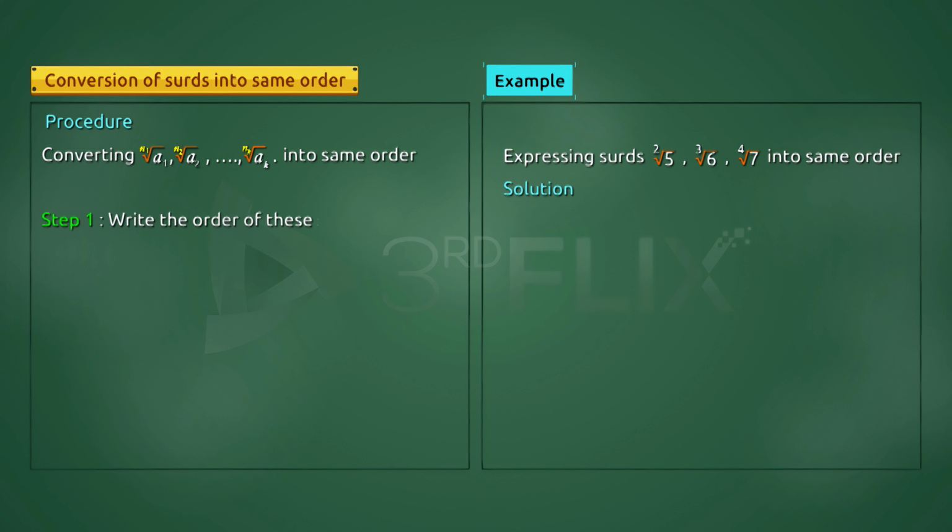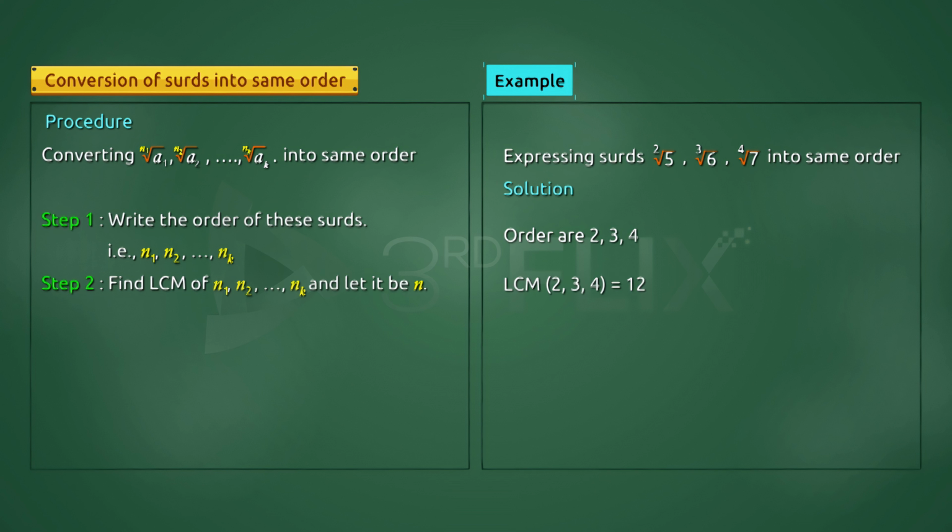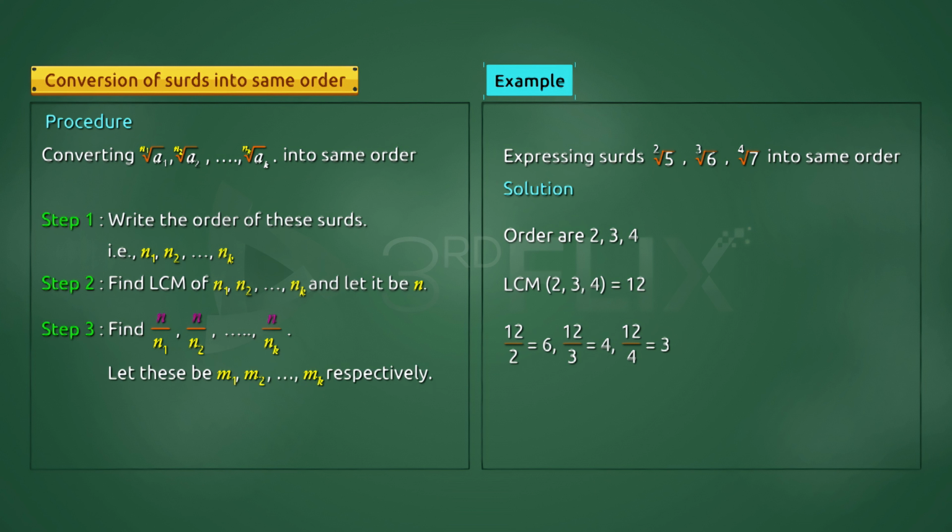Write the order of these surds as n1, n2, nk. 3. Find the LCM of n1, n2, and so on nk, and let it be n. 4. Find n by n1, n by n2, and so on n by nk. Let these be m1, m2, and so on mk respectively.